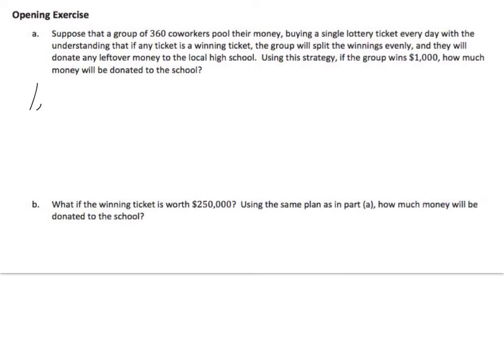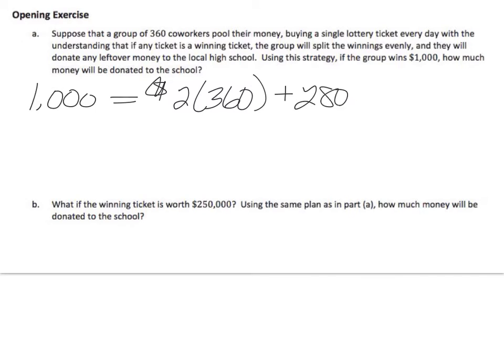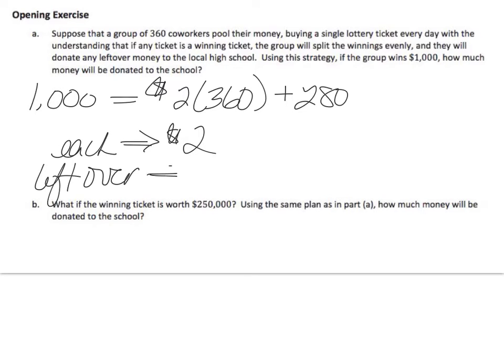So if I just look at it, I've got $1,000. That is $2 times 360 plus 280, right? So each coworker wins a whole whopping $2, and then there is 280 left over.